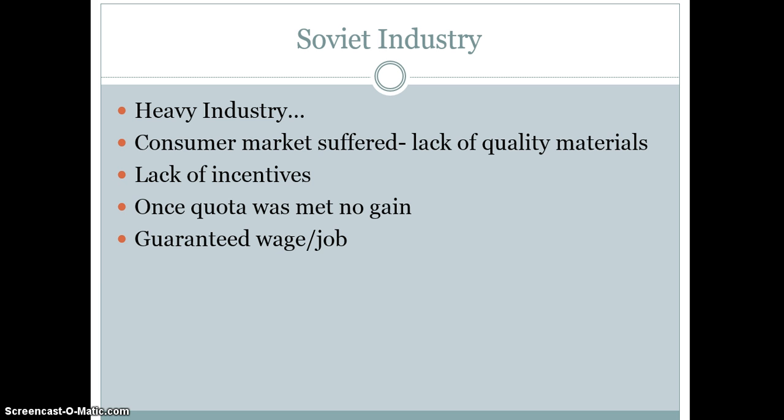As we talked about with the sweaters, it's cold in Russia, and you need to make 75,000 of them. Well, number one, they weren't getting the best cotton, that was going to the military. Number two, people making them had no incentive to make the best sweaters necessary. Why? Because no matter what, if you got a voucher for a sweater, you're going to take one because it's better than freezing to death.